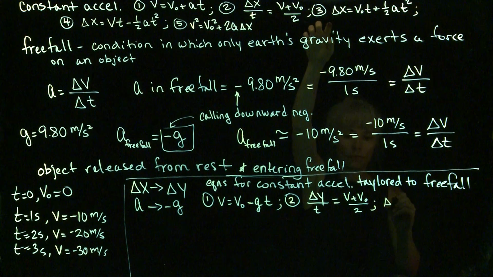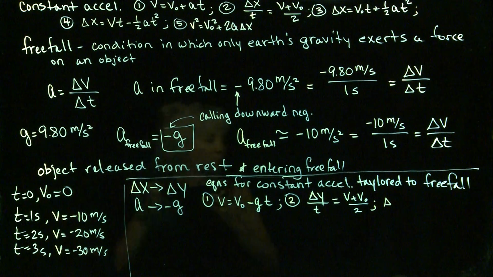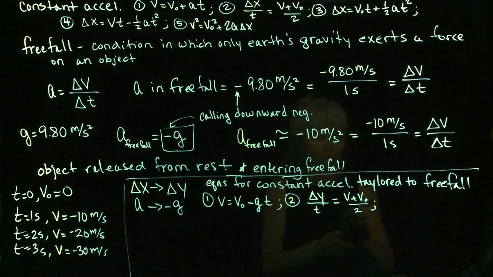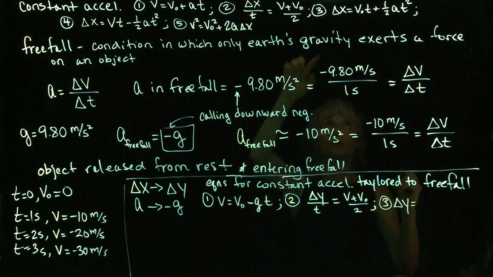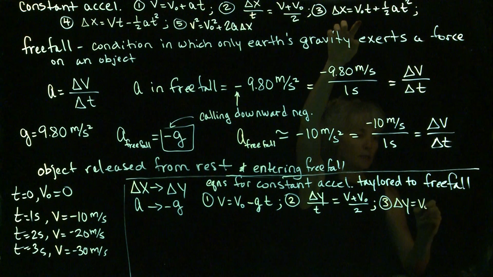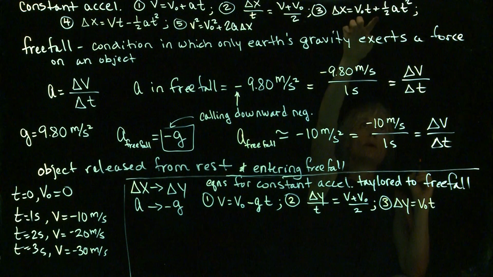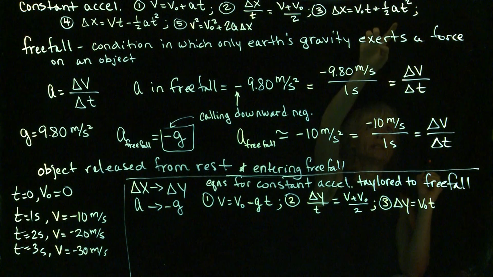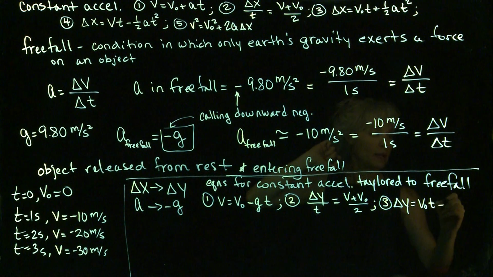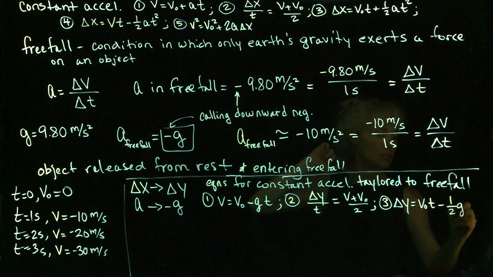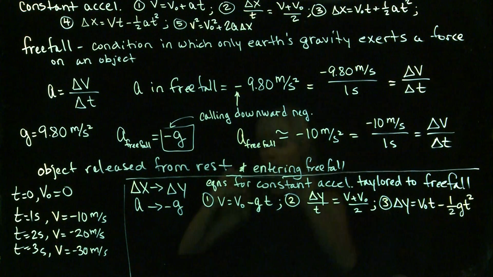Let's label the third equation so that you can see above and below. So the third equation is going to be delta y is equal to v naught t, and now I'm going to have a minus g plugged in for a and this plus sign, and the minus sign is going to give me an overall minus 1/2 gt squared.